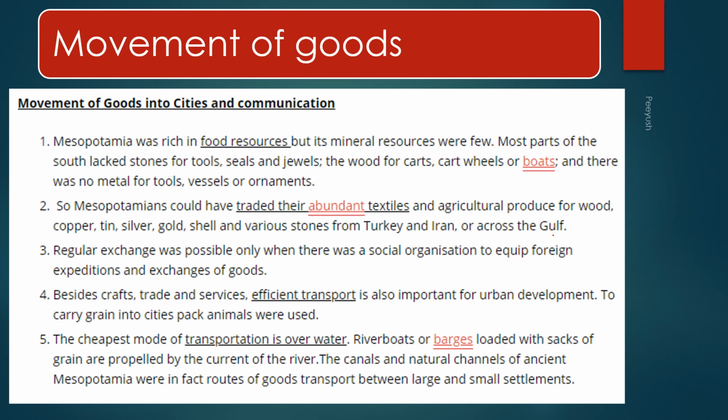The canals and natural channels of ancient Mesopotamia were in fact routes of goods transport between large and small settlements wherever people lived. So the transportation was mainly over water.